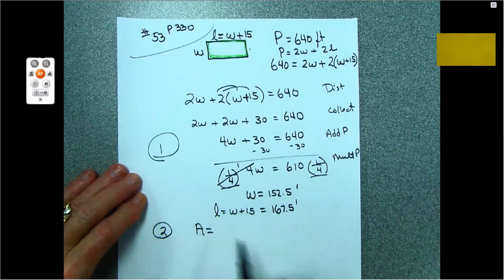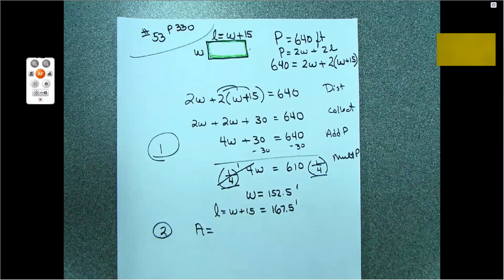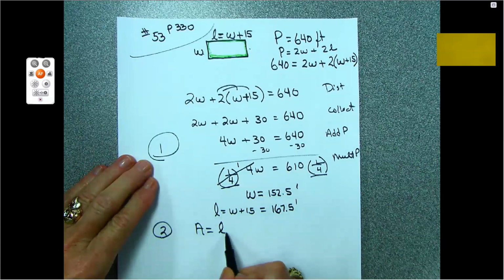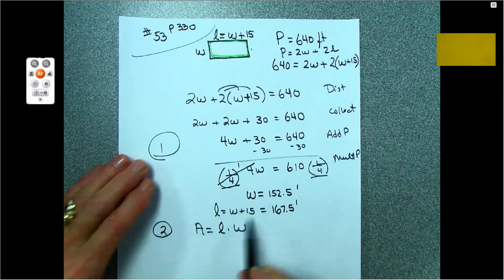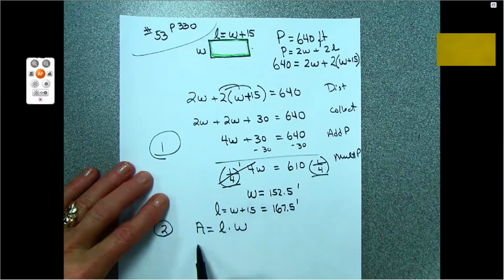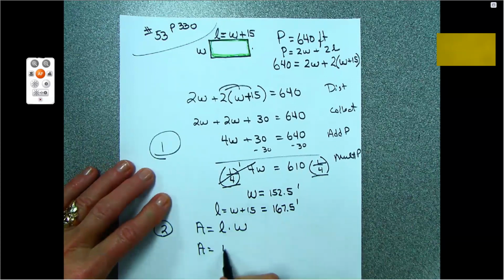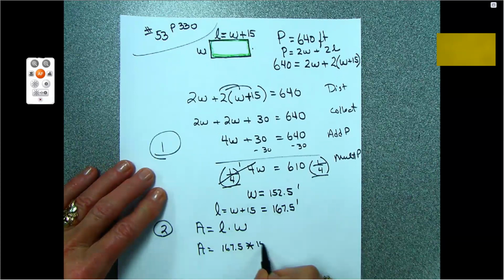Area of a rectangle is equal to, they're not giving you the formula, so you're supposed to remember, length times the width, and we know the length and the width. The area is equal to the length, 167.5, times the width, 152.5.